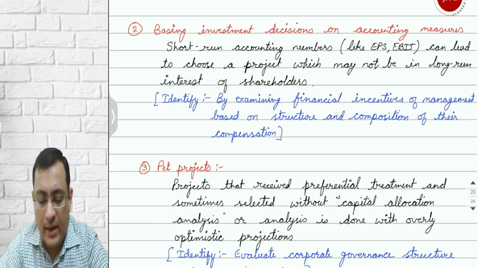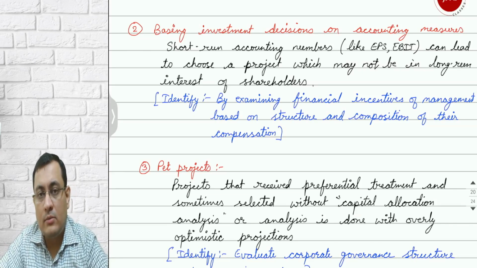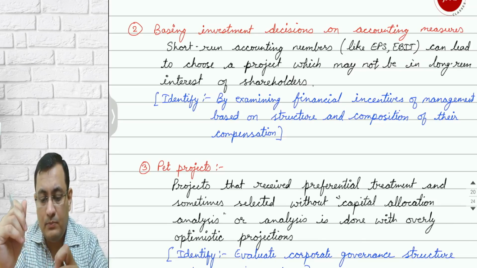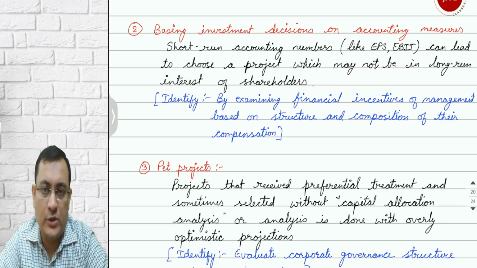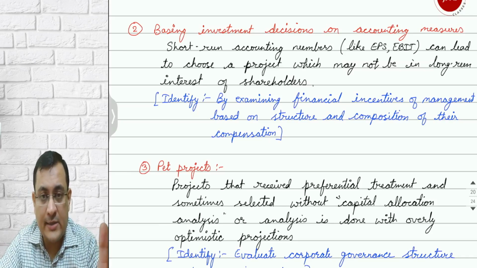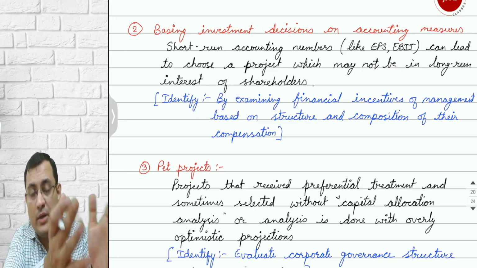Then how to identify this particular bias? We should be taking care of how management remuneration is linked to the projects, whether it is linked to the overall increase in wealth of the company, or whether it is related to a particular short-term accounting number.